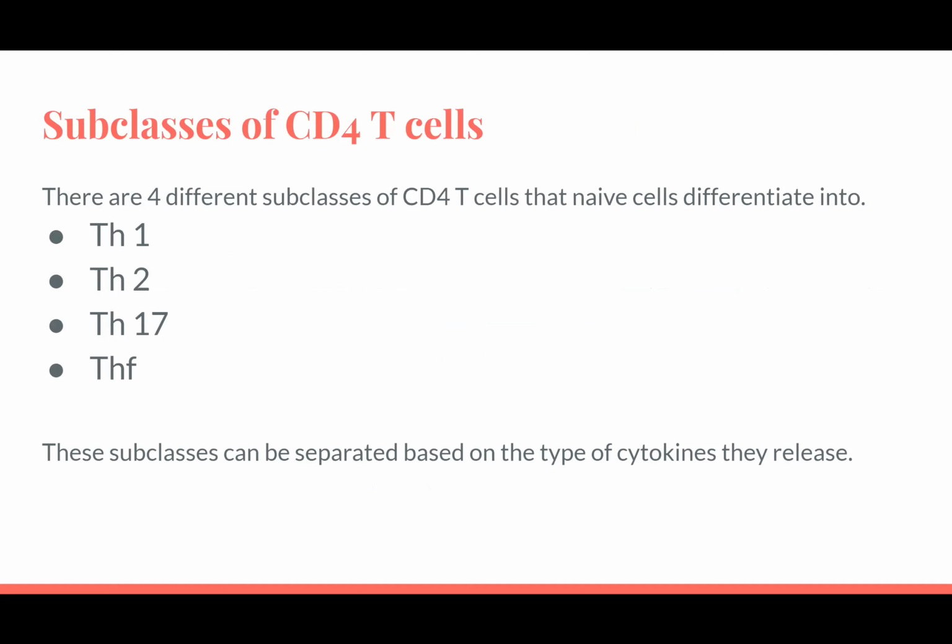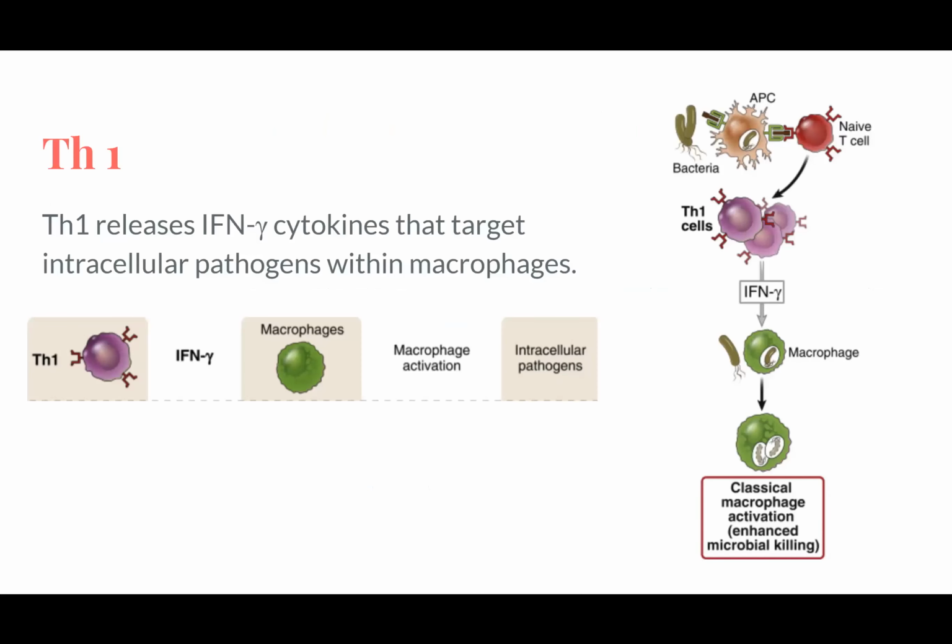So there are 4 different subclasses of CD4 cells that naive cells will differentiate into. These are Th1, Th2, Th17, and TFH. These subclasses can be separated based on the type of cytokines they will release. So first, Th1.